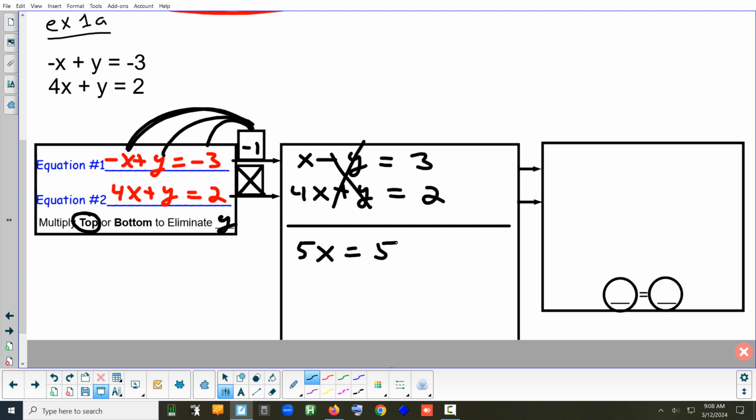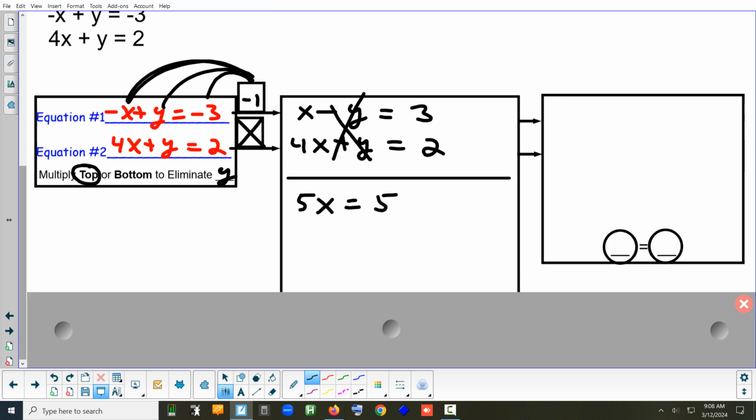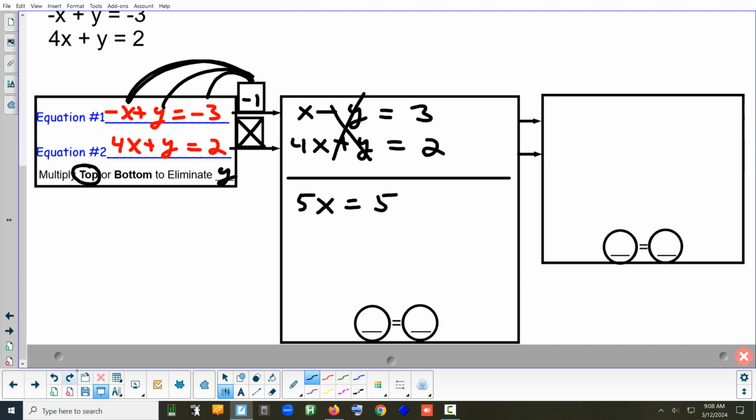All right, so now I'm at my last step. What do I have to do in my last step? Divide by 5. So you get x equals 5 divided by 5, that gives you 1. And that's your answer.